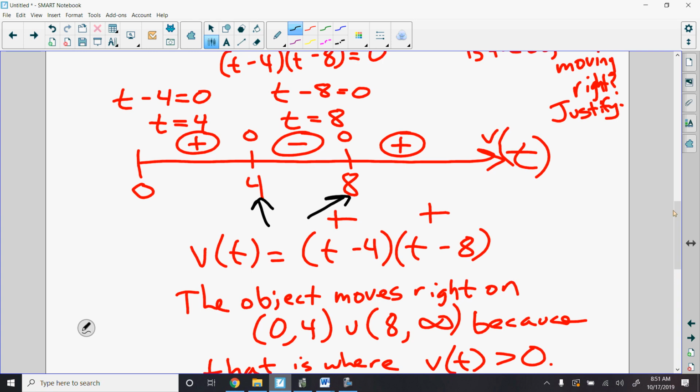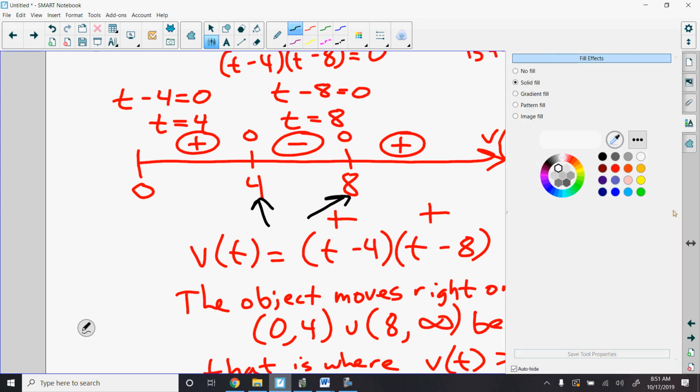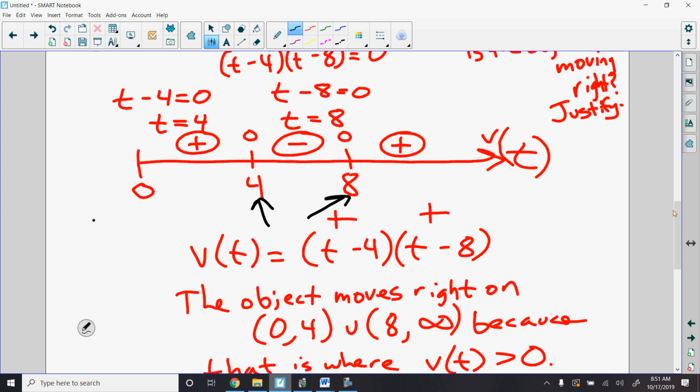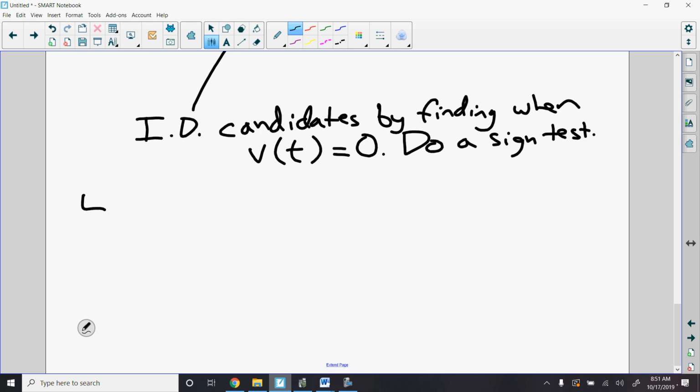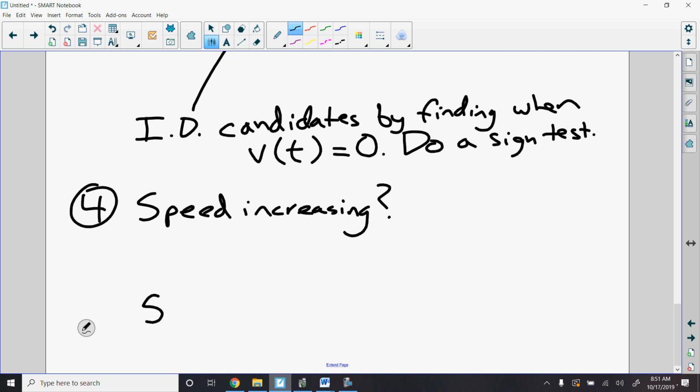Good. Fourth thing, last thing. Last thing I want to look at is speed increasing and speed decreasing.